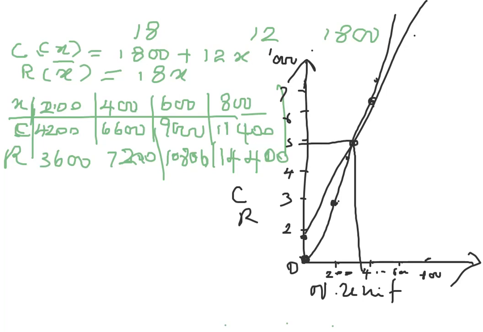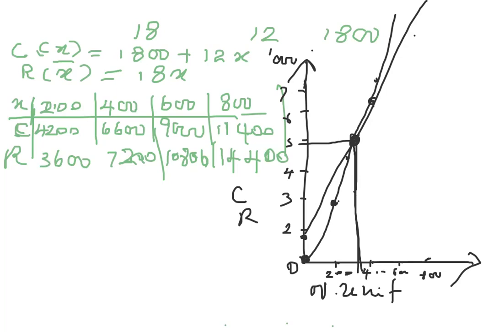When we consider this intersection point, the intersection of the cost function and revenue function, and we draw a vertical line to the x-axis, then we can get the number of units where the vertical line touches the x-axis.